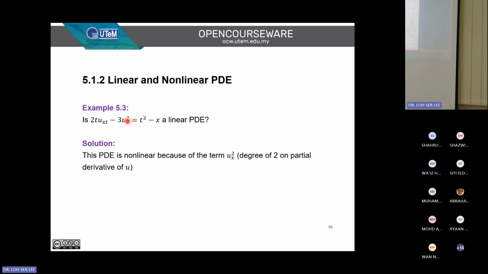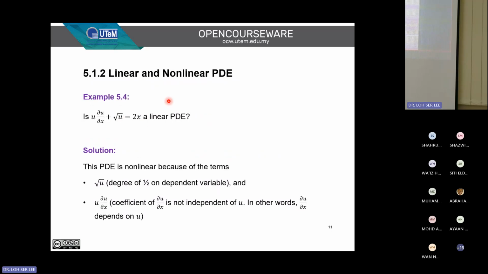If you check for the second criteria, when you see U, you look at the coefficient function 2t. This is acceptable. There's a U term here, the coefficient is -3, which is not U. So this is also acceptable. So the only factor that leads this to be non-linear is UX squared, the square. You get what I mean?